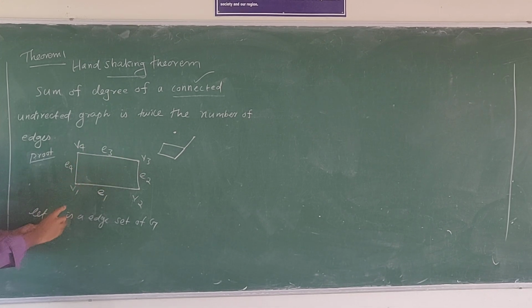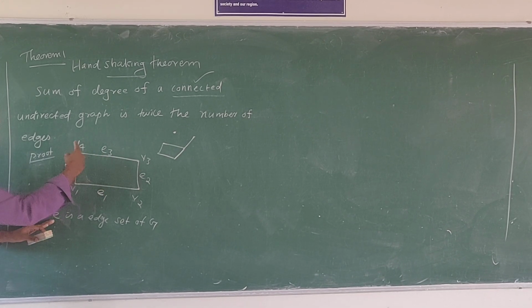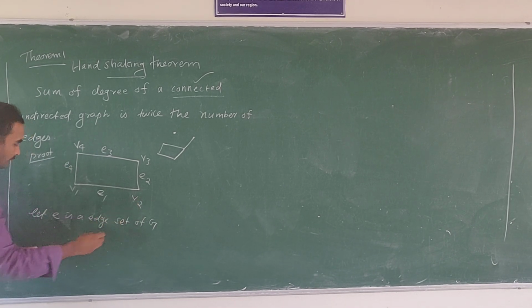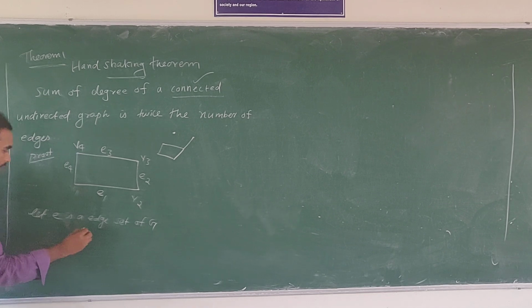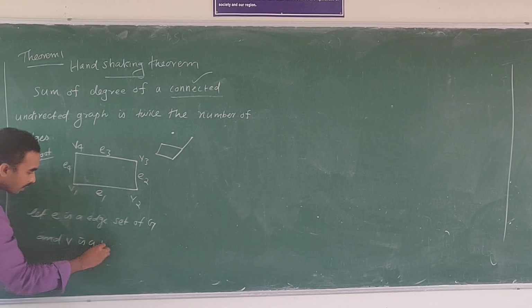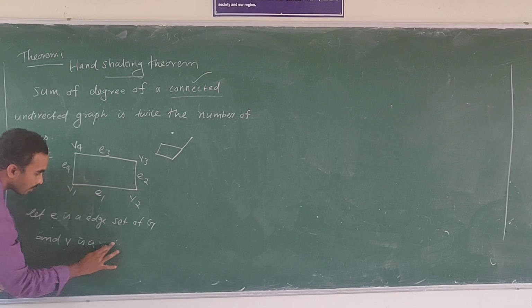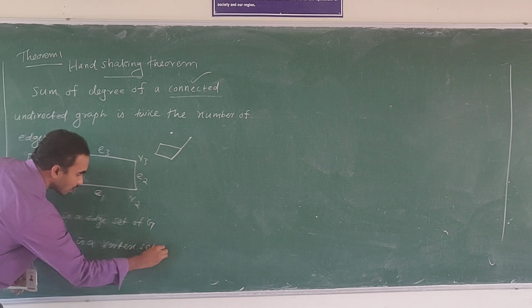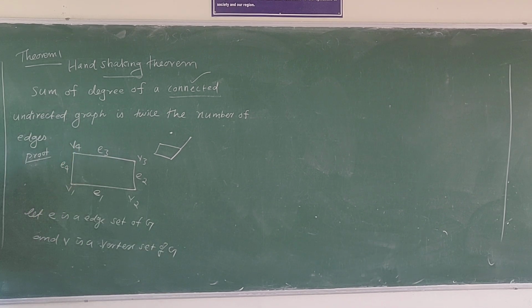Here 4 edges are there. We should not take this into the theorem because it is for your understanding only. Let E be the edge set of G and V be the vertex set of G.